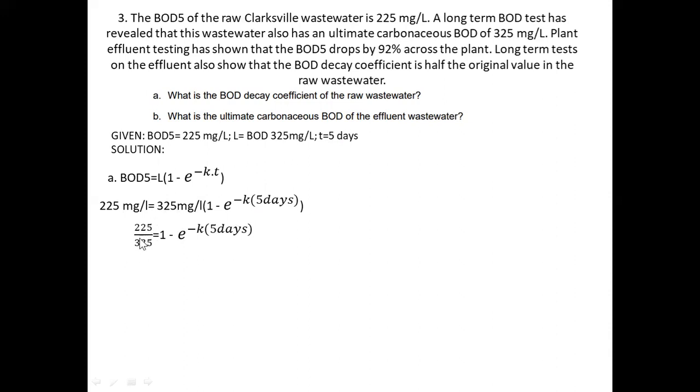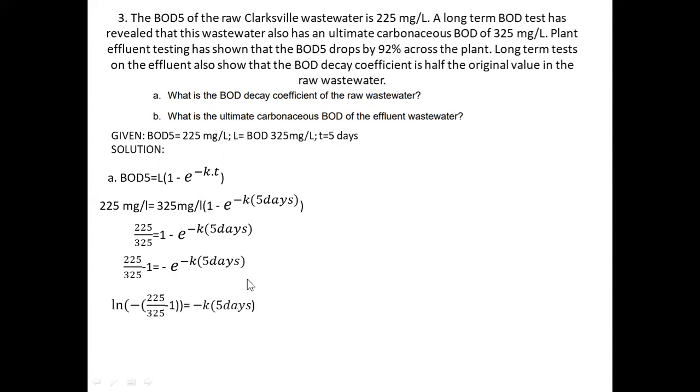So this is 225 over 325 is equal to 1 minus e raised to negative k times 5 days. If we transpose 1 to the other side of the equation, this becomes 225 over 325 minus 1 is equal to negative e raised to negative k times 5 days.